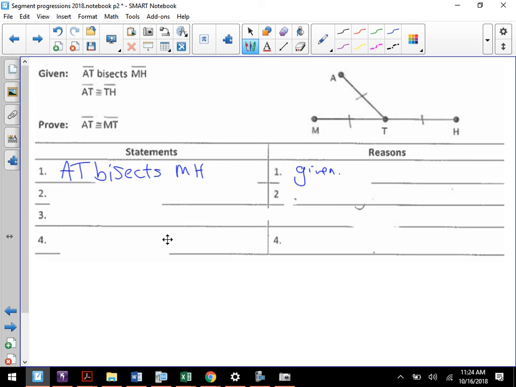So, if AT bisects MH, according to our diagram, that means MT and TH have to be equal. Now, do I need to go equal or congruent with this one, do you think? Congruent. I'm saying congruent because everything else is written in congruent, and it doesn't look like we can do any math.